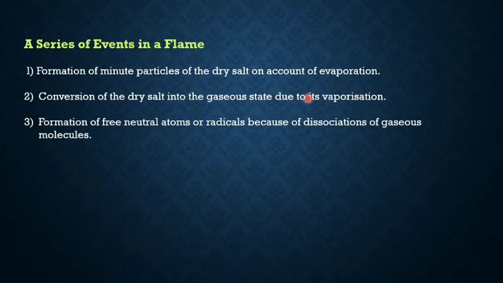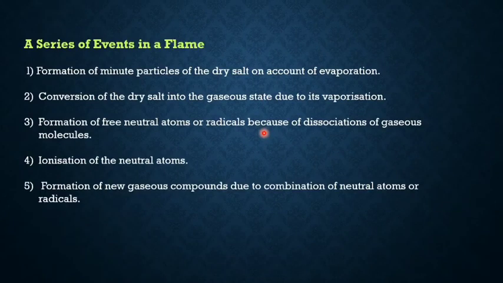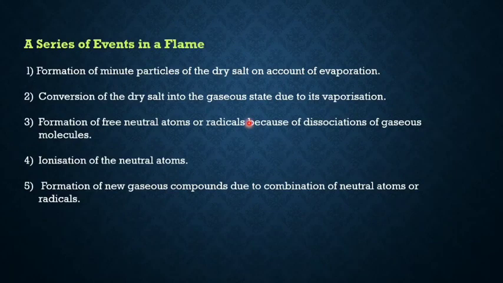After vaporization, dissociation of gaseous molecules takes place, and there is formation of free neutral atoms or radicals. Then after that, ionization of neutral atoms takes place, and formation of new gaseous compounds due to the combination of neutral atoms or radicals also takes place. So these are the series of events which take place in a flame.